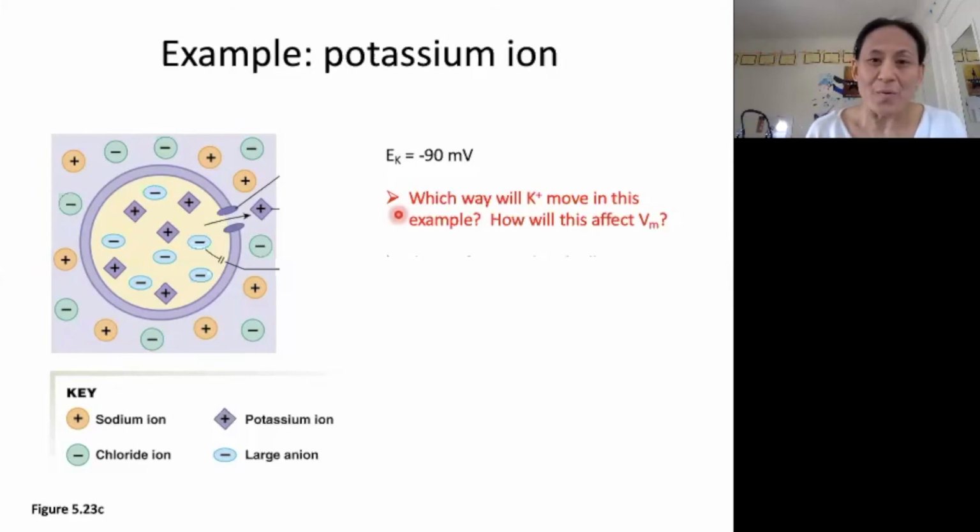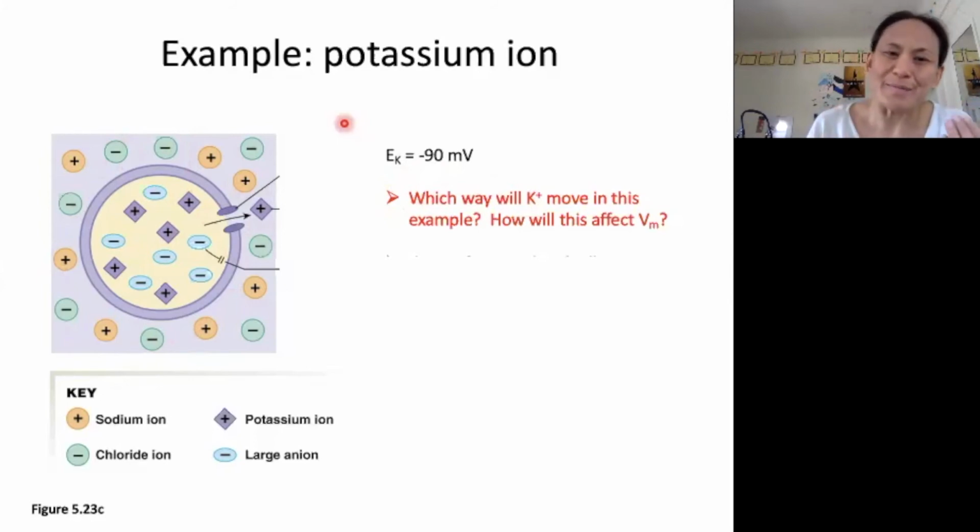Okay, so this situation is a little different because we have a channel for potassium here. So we're starting with a situation in which the membrane potential is negative 10 millivolts. Potassium wants the membrane potential to be at negative 90 millivolts. I know I'm sort of using a shortcut in my language here.